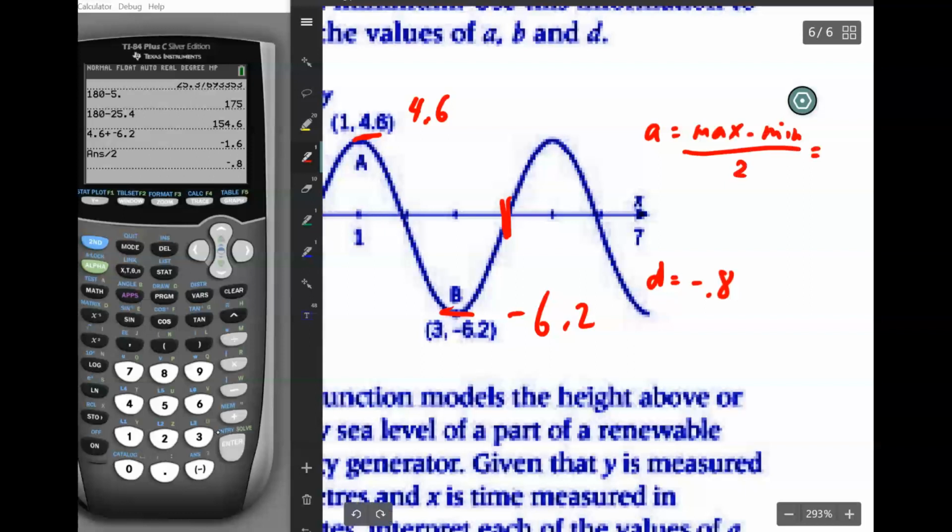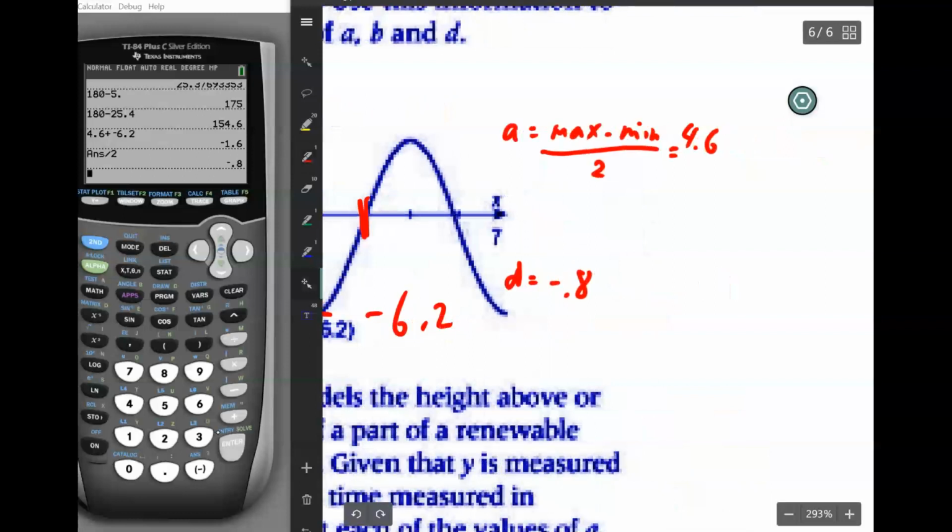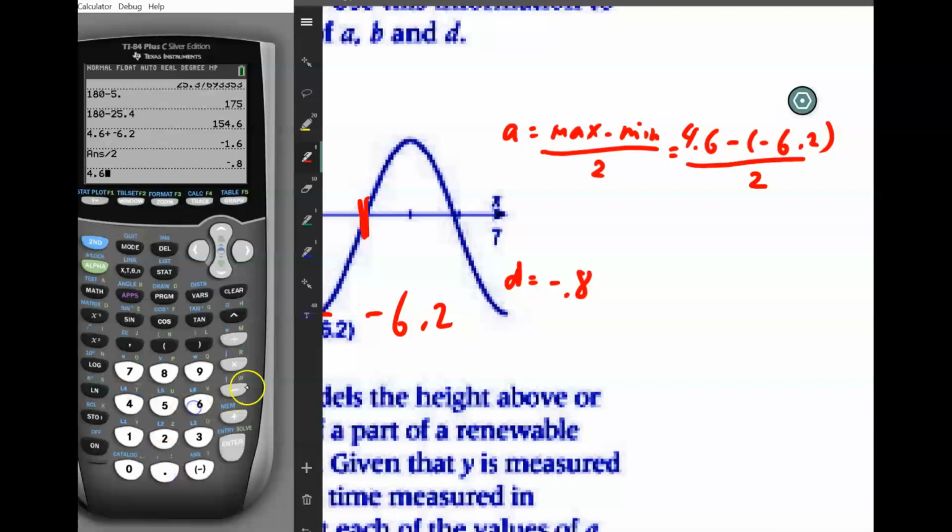So the max is 4.6, and the min is negative 6.2. So be careful, it's minus negative 6.2. So that's actually plus 6.2. So we're going to do 4.6 minus negative 6.2, so it's plus 6.2.